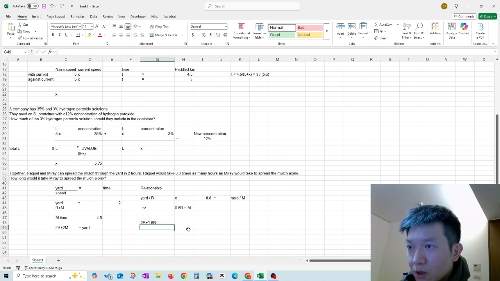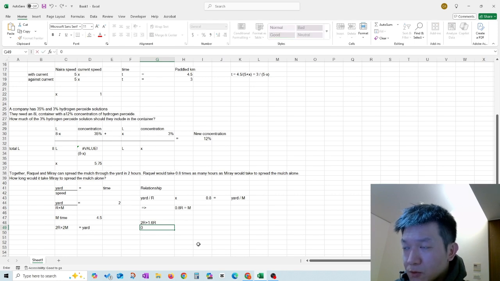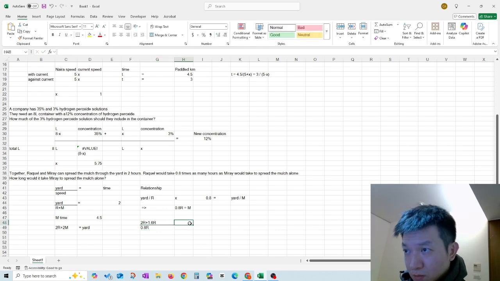Okay, that's the total yard work, divided by the speed of Murray, and you find the time, right? The speed of Murray is 0.8 r. So that will be 3.6 divided by 0.8. That is 4.